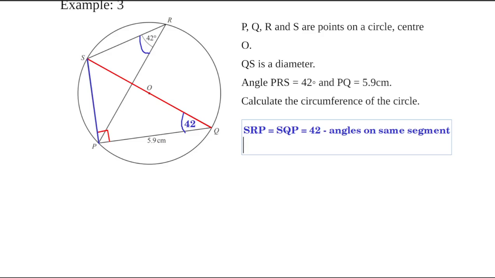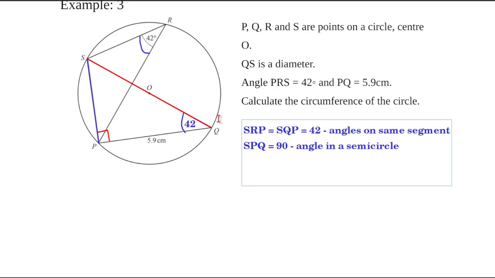Then from there, we noticed that QS is a diameter, which simply means that angle SPQ is equal to 90 degrees, because it's an angle in a semicircle.